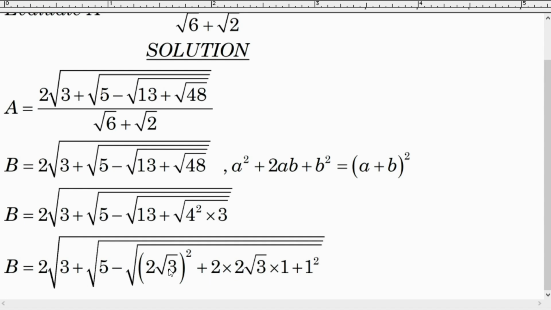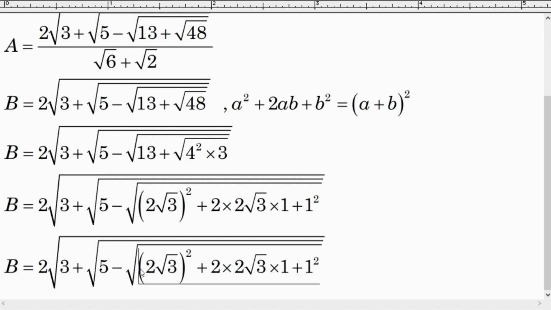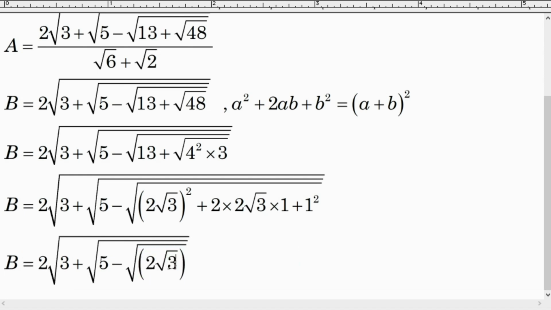So now we have a square plus 2ab plus b square. It is in the form a square plus 2ab plus b square equal to a plus b all raised to square, right? Then we will get a plus b all raised to square, so we get 2 square root of 3 plus 1 all raised to square.